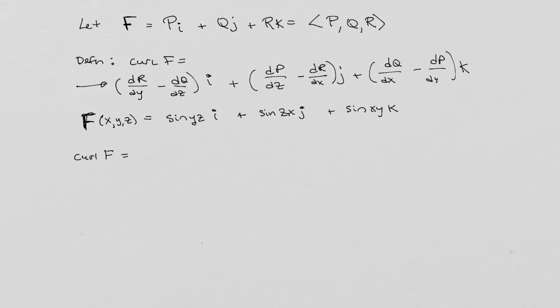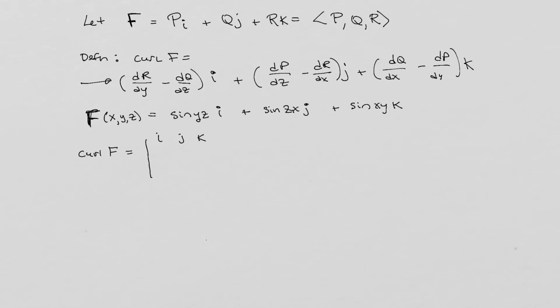Well, we could line it up in this cross product type of notation, where we'll have d/dx, d/dy, d/dz, and then the first function is sine of yz, then sine of zx, and then sine of xy.